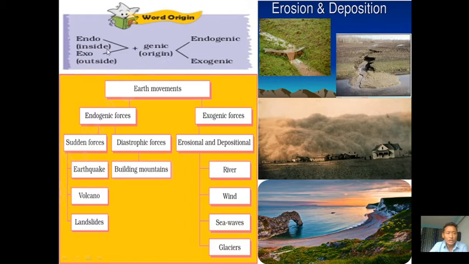When the forces originate inside our Earth, they are called endogenic forces. And when the forces originate outside, on the surface of our Earth, they are called exogenic forces. So for the movement of our Earth, we have two forces: endogenic forces and exogenic forces.